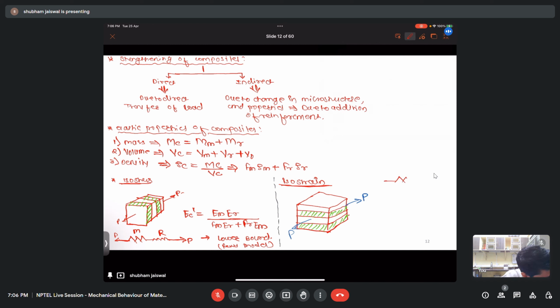Let's say this is P, this is for my matrix, this is for my R. And the Young's modulus of the composite is given by Fm Em plus Fr Er. And this is the upper bound.